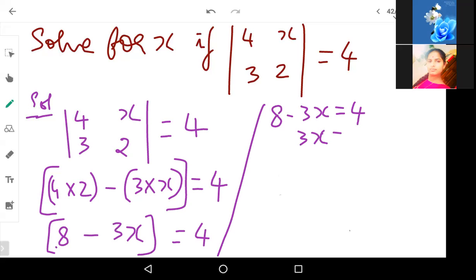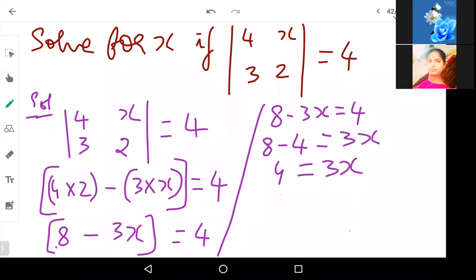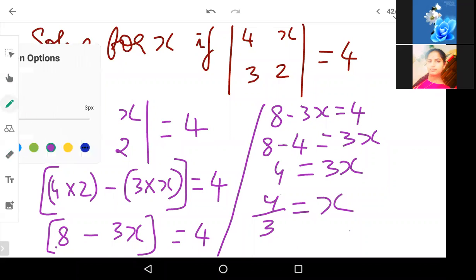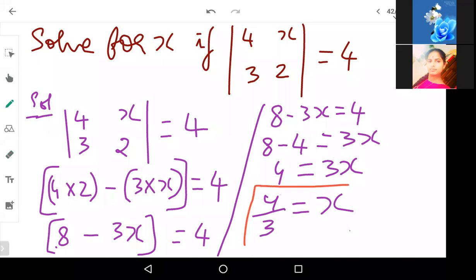We will get 4 to this side and we'll take 3x to the other side. Okay, you're getting 4 by 3. Good, good. So 8 minus 4 is equal to 3x. So 8 minus 4 is 4 is equal to 3x, and then 4 by 3 is equal to x. So the value of x is nothing but 4 by 3. Very good.